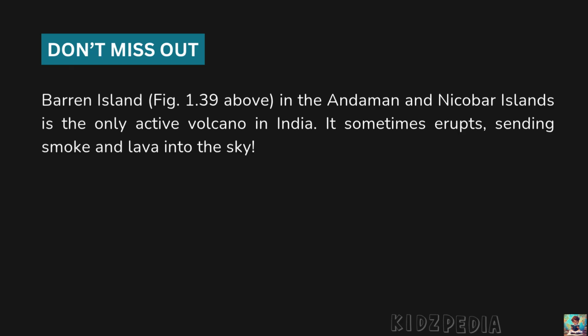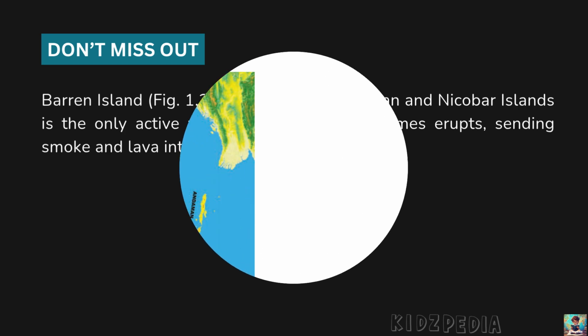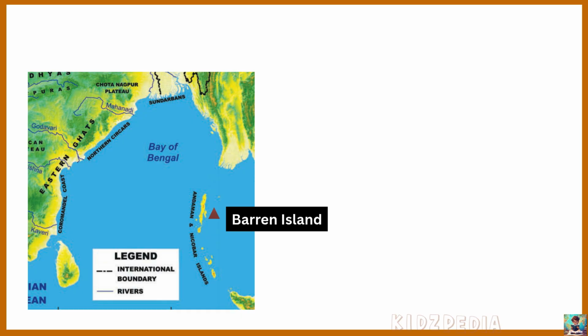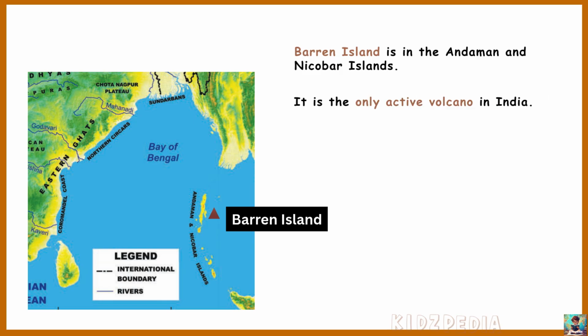Don't miss out. Barren Island, Figure 1.39 above, in the Andaman and Nicobar Islands is the only active volcano in India. It sometimes erupts, sending smoke and lava into the sky. The Barren Island is very special because it has the only active volcano in India.